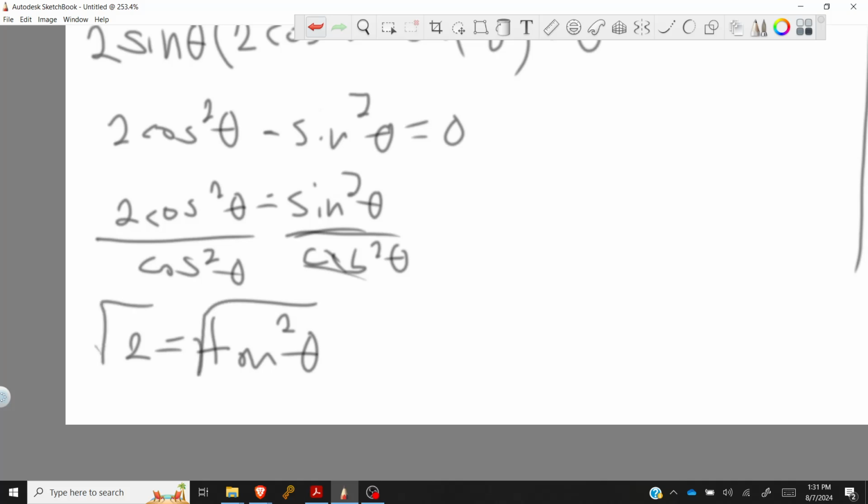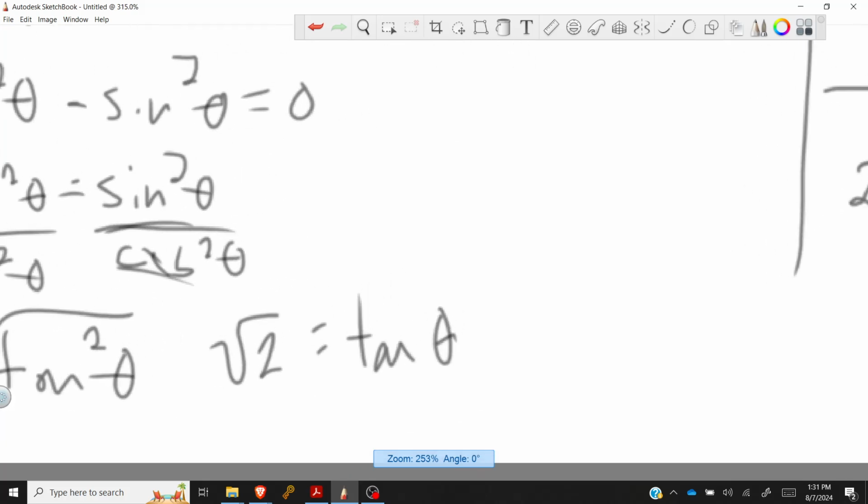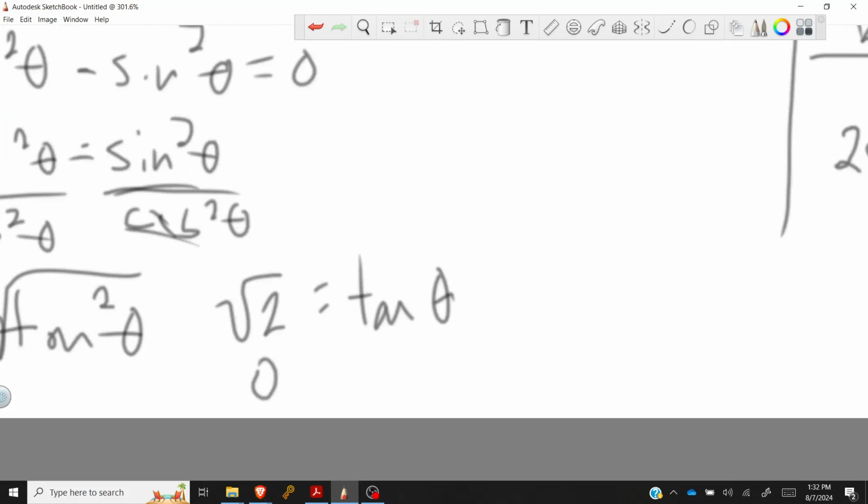Then let's take the square root of both sides, and we get the square root of 2 equals tangent theta. So this means that theta will be equal to the arctangent of square root 2.